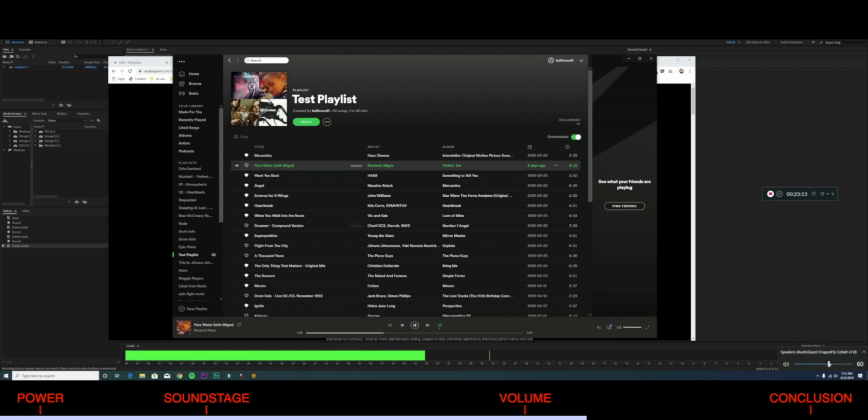Let's go to 70%. We're getting pretty close here. Let's go to 80%. Okay, this is probably my limit. So 80% is the volume where I would have to stop.